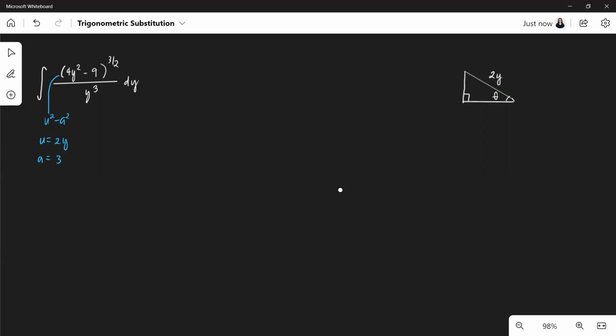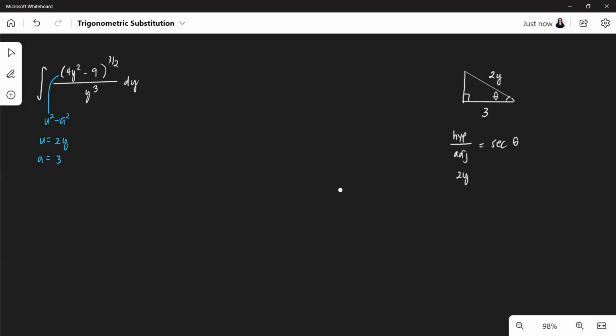It would be better to use secant because it's simpler compared to cosecant. So a is on the adjacent side of the right triangle. Hypotenuse over adjacent side is secant theta.